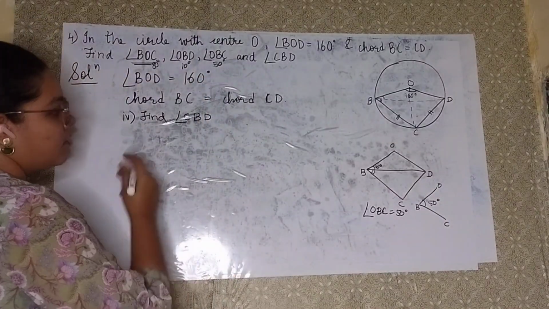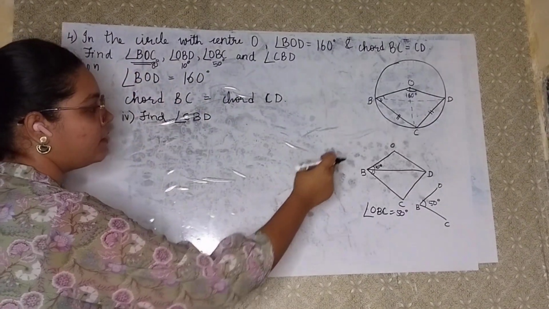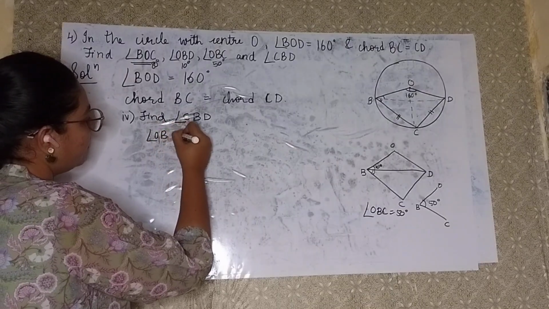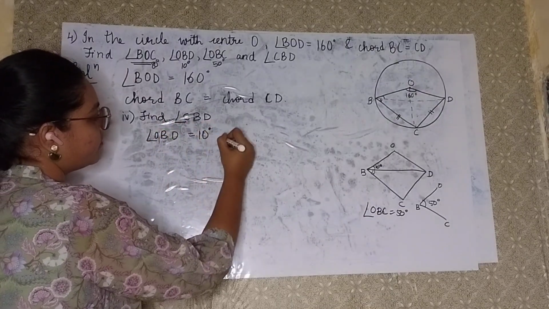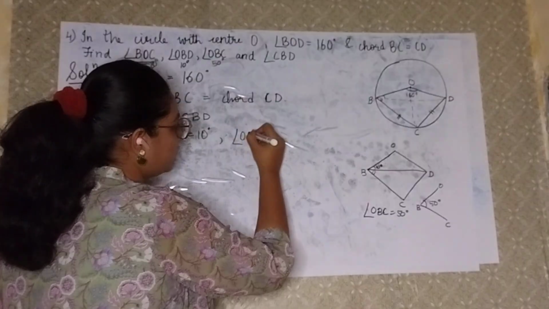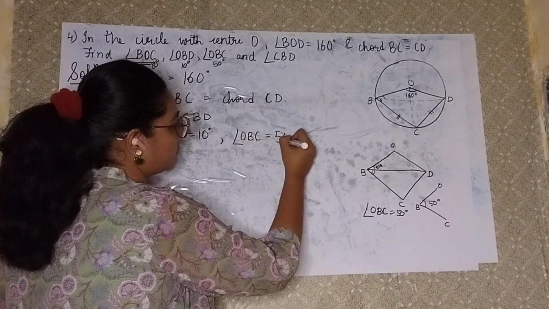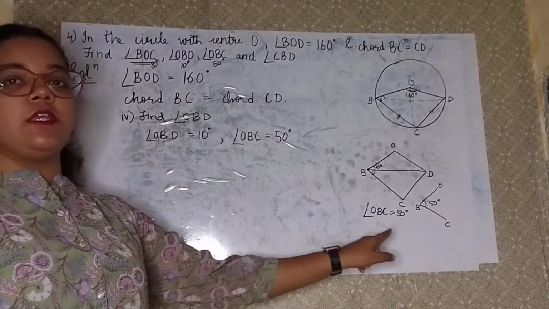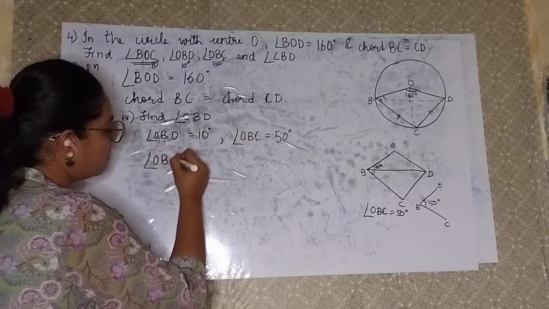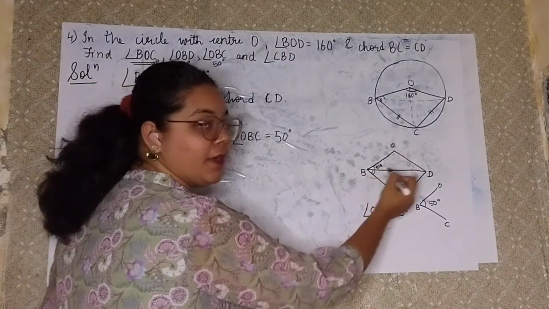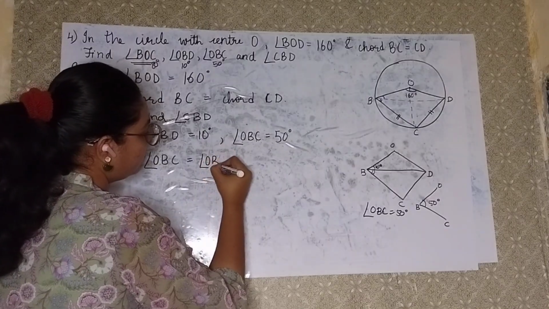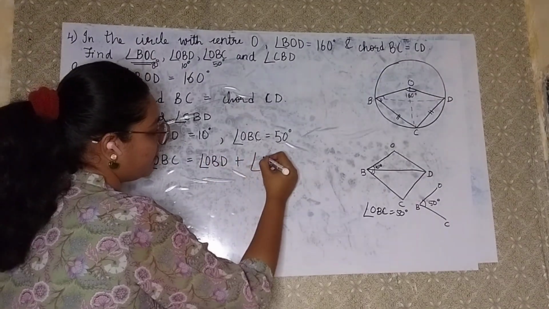Let's see. Now I'll take angle OBD. Angle OBD equal to 10 degrees. And what I have, angle OBC equal to 50 degrees. Now angle OBC is made up of two small angles. OBC is made up of OBD and CBD. OBD plus CBD.